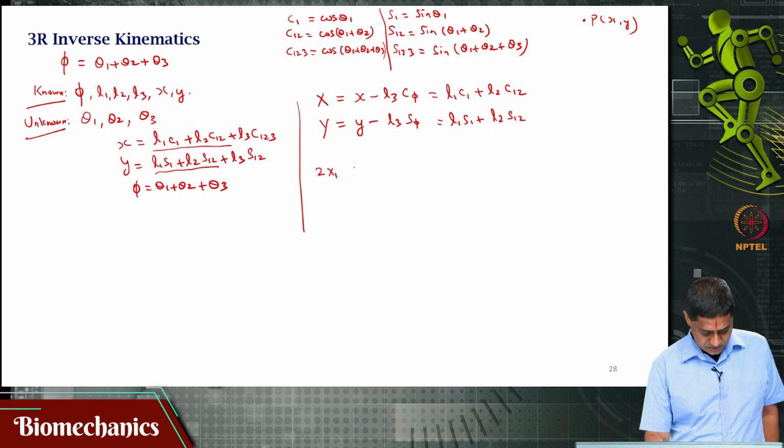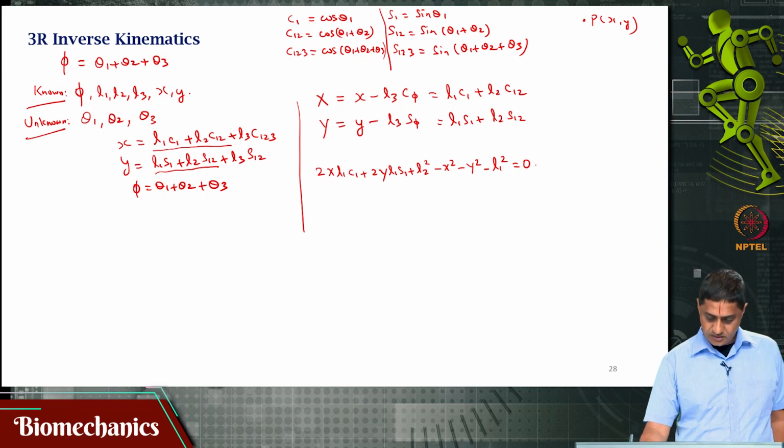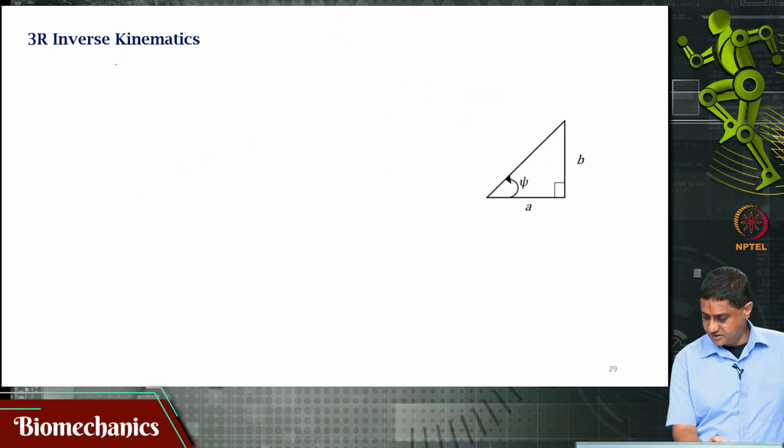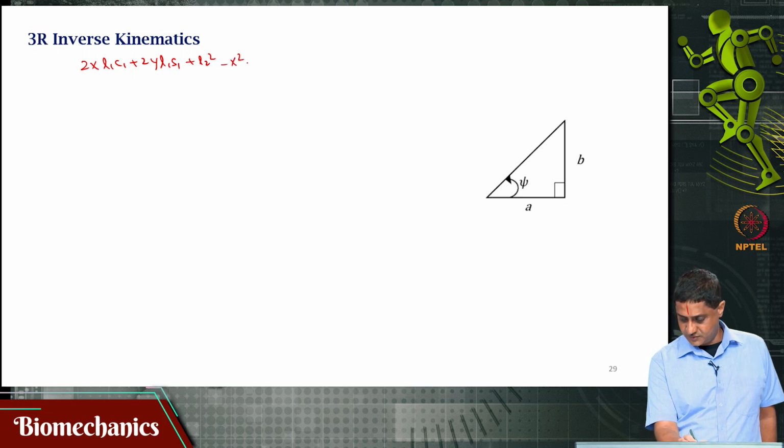Then I will get 2x L1 C1 plus 2y L1 S1 plus L2 squared minus x squared minus y squared minus L1 squared equal to 0.